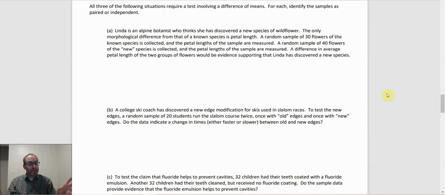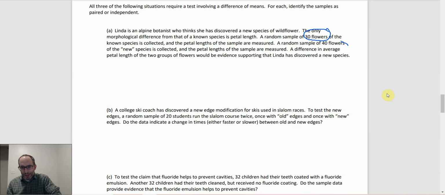Because if they were different and you put them in two lists, one list is longer than the other, right? So you couldn't pair it all up. And that relates to A, because 30 flowers, 40 flowers, can't pair them up. And if you look through that paragraph, those are just two totally separate groups.